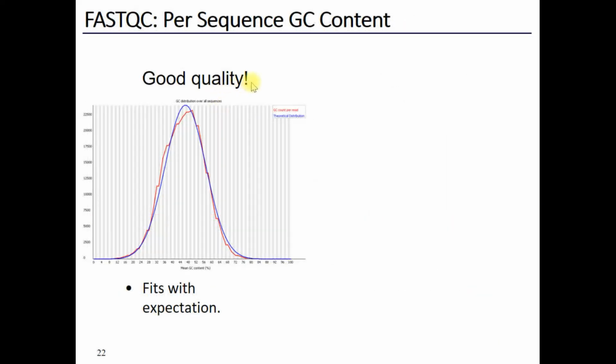And another thing you can look at is the per sequence GC content. GC content should have a pretty normal distribution, and it peaks at the position that is the same as the GC content in your genome. So if it's a human genome, it should be fairly around 50% or 48%.